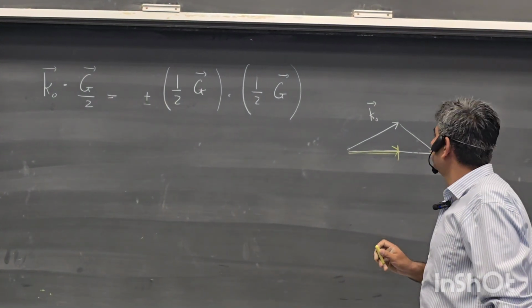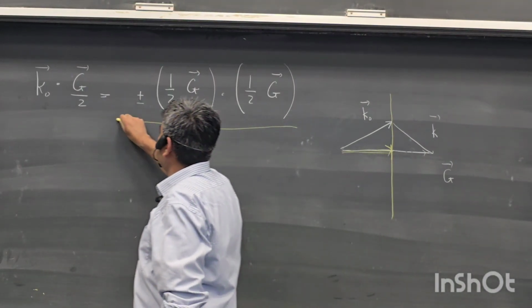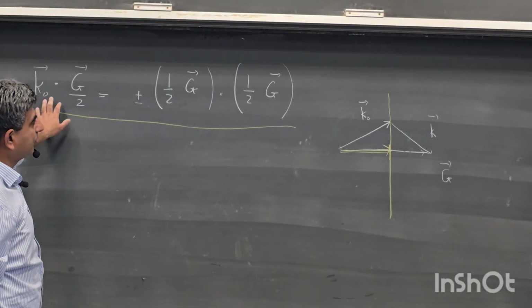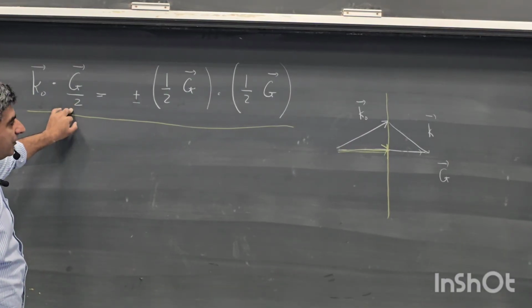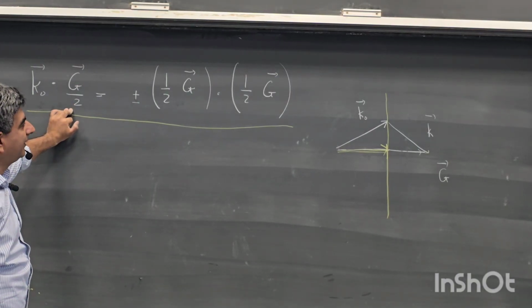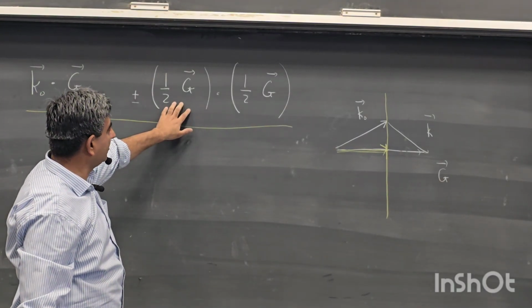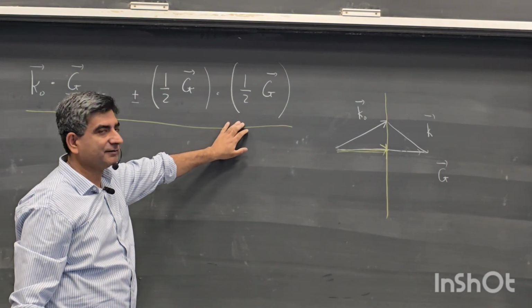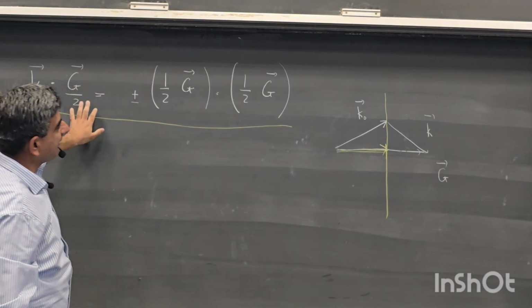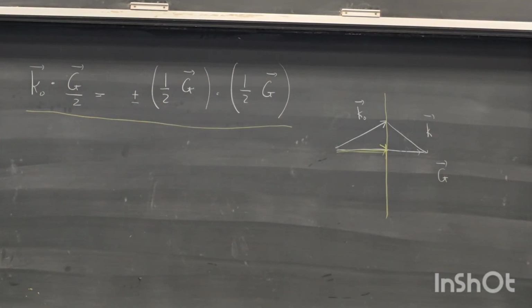So what this expression means geometrically is that the dot product of k naught with g over 2 is going to be the dot product of half of g with itself, and this is a geometrical representation of this expression over here.